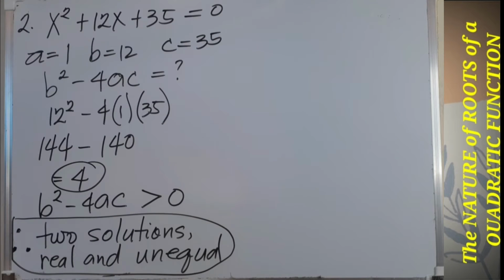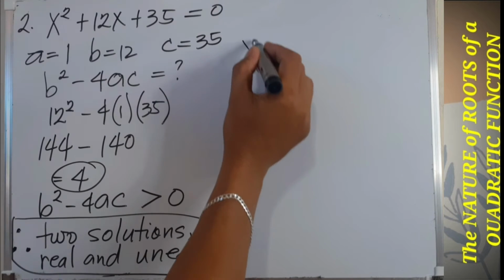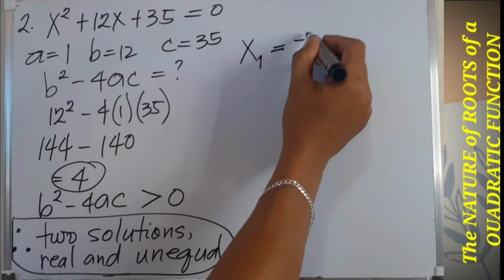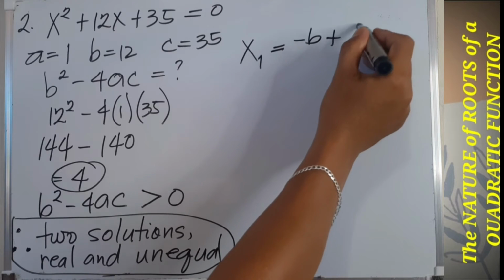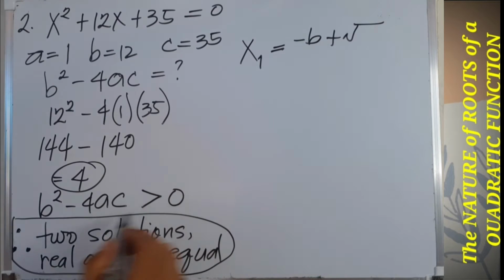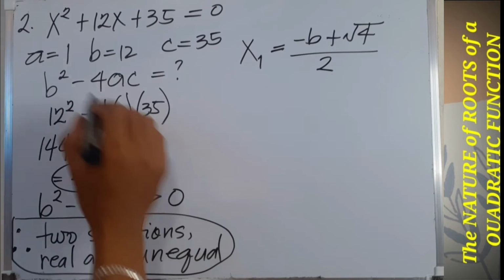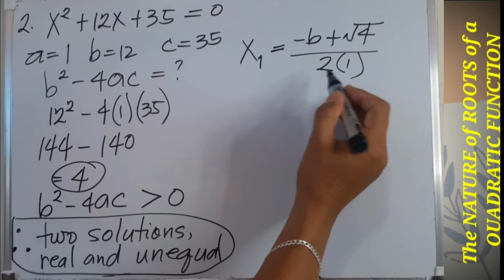Again, to prove that this is really the nature of the roots of x squared plus 12x plus 35 equals 0, let us solve again the first root, or the x sub 1. Negative b plus square root of 4 all over 2 times 1.